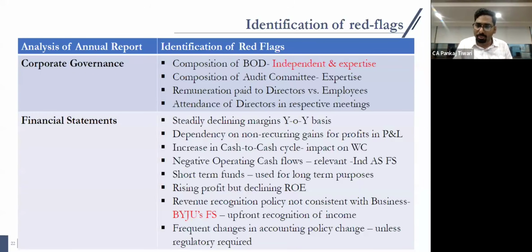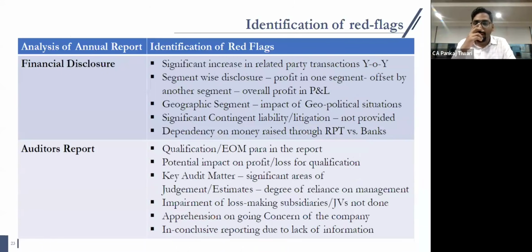Can I change my policy on how I will recognize the fair valuation gain or loss? So if you are reading the financial statement of any company, this is one of the important areas one should look at: whether the company has changed its accounting policy over a period, and whether the company has changed its accounting policy frequently on a year-on-year basis.